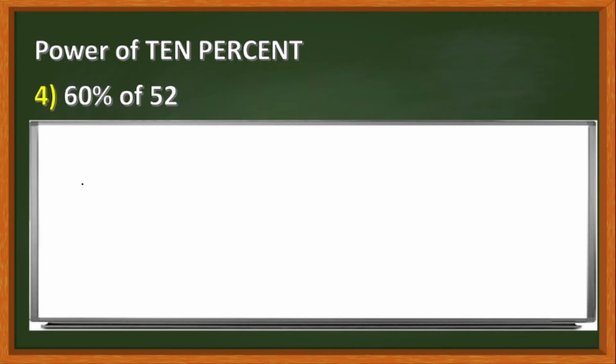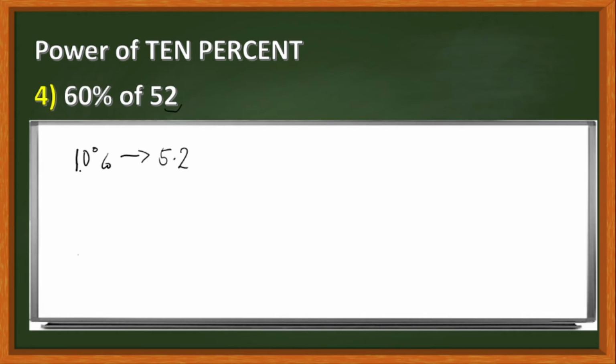So how about number 4? 60% of 54. 60% can be broken down into 10%, 10%, 10%. Okay, let's proceed. For 10%, we move one place to the left. We have 5.2.